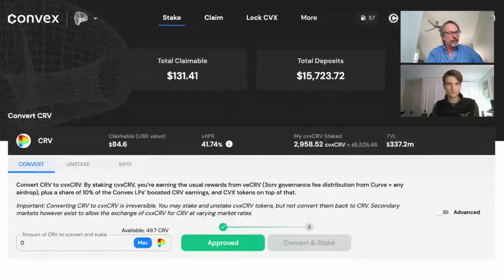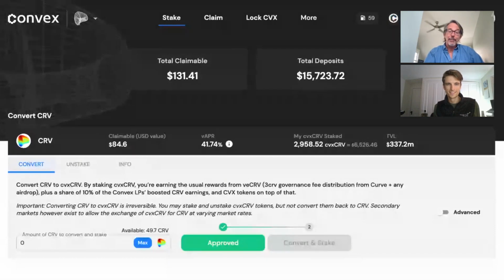That's the veCRV. It's locked away, and you just collect the money and the fees from Curve and go on your merry way. Hopefully the reason you locked it for such a long period is that you actually have pools where you're getting boosted returns.